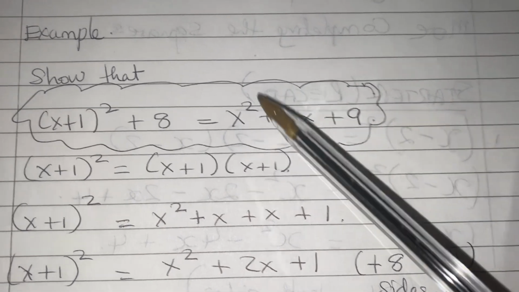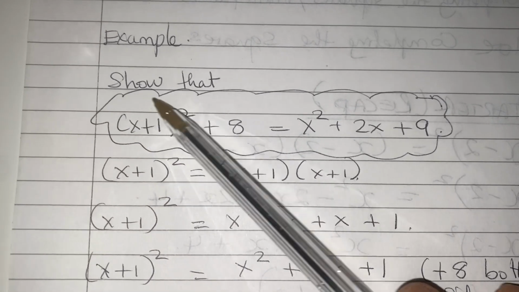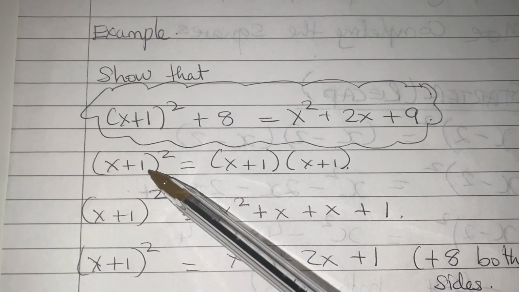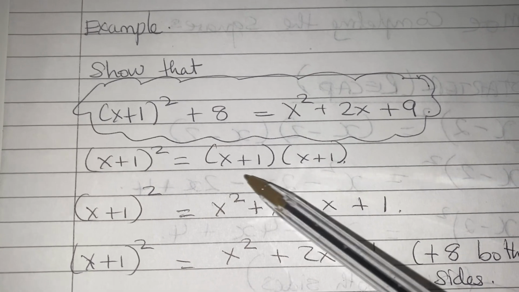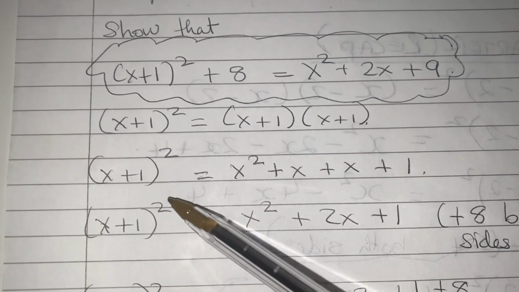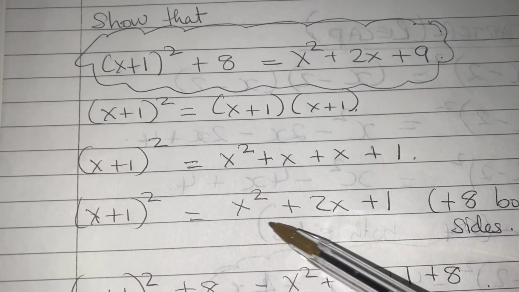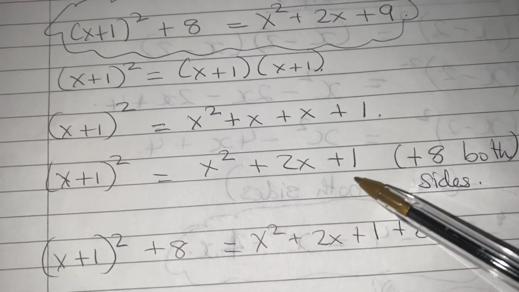Immediately I see this, I'm going to start completing the square. So x plus 1 all squared, I'm going to break that down, which will give me x plus 1 all squared equals x squared plus 2x plus 1.